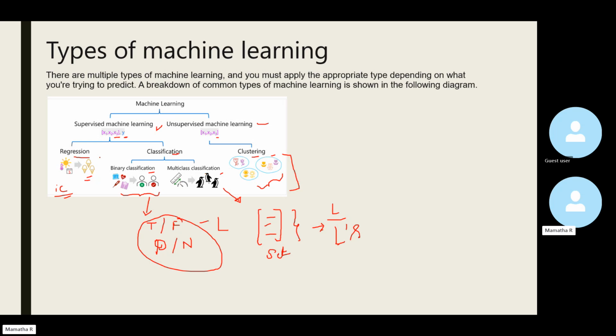Which model will you use to predict this? A classification model. In classification, it will be multi-class classification. No, it will come under binary because you have to predict seasonal or not, yes or no. Okay, yes or no.